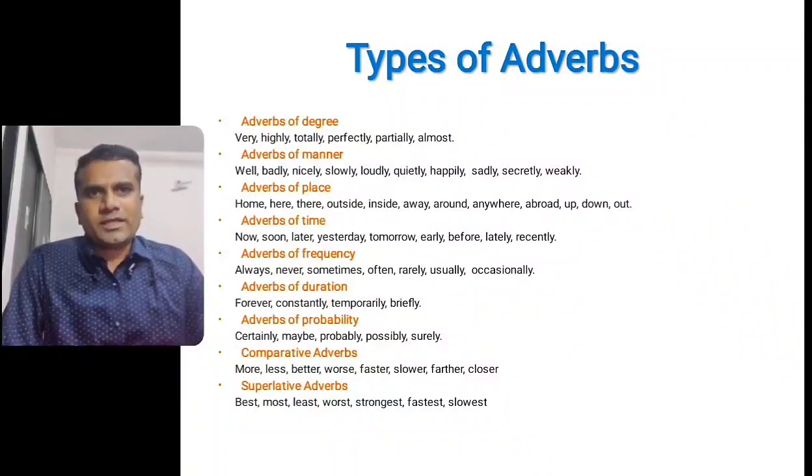The examples of adverbs of duration are forever, constantly, temporarily, etc. Then adverbs of probability. The examples: certainly, maybe, probably, possibly, surely, etc. Then we have comparative adverbs, which are used to compare things: more, less, better, worse, faster, slower, farther, closer, etc. Then the last type of adverb is superlative adverb: best, most, least, worst, etc.